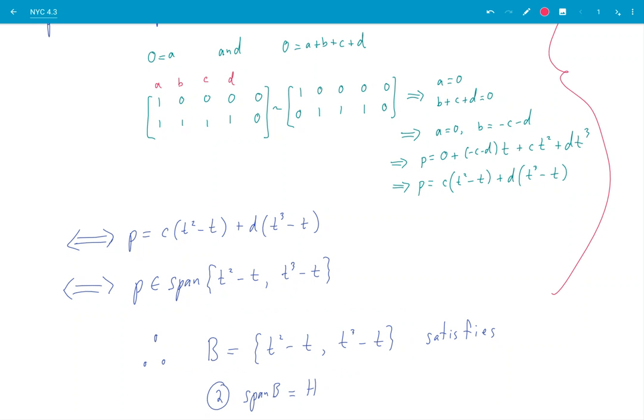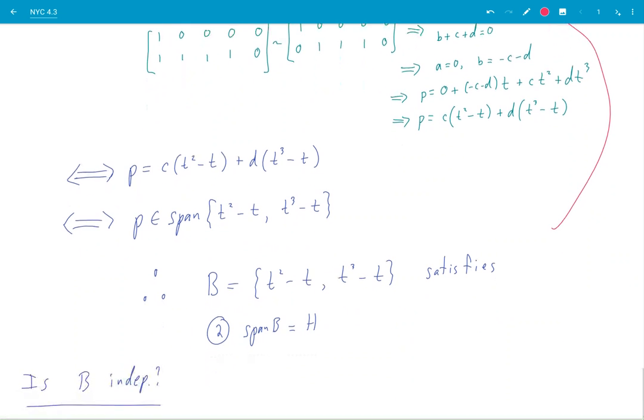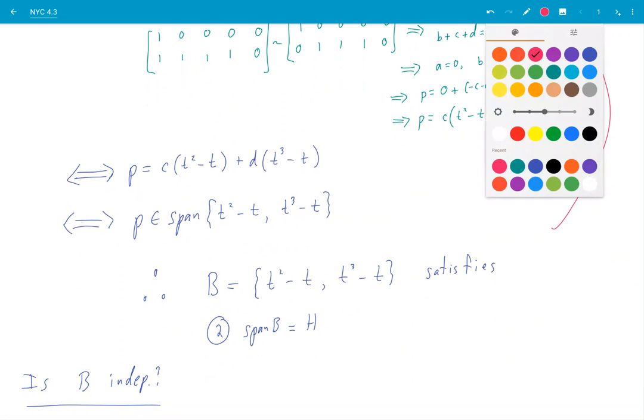So all I have to do is check that it satisfies condition number 1 for a basis. So I need to check, is B independent? So let's do that now.